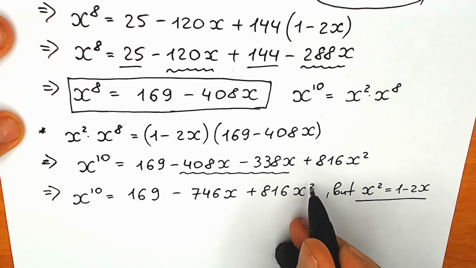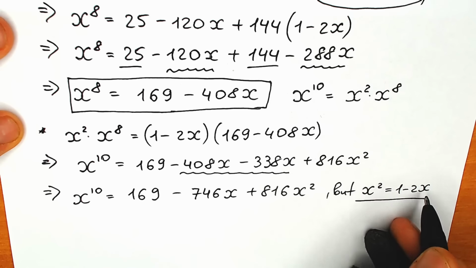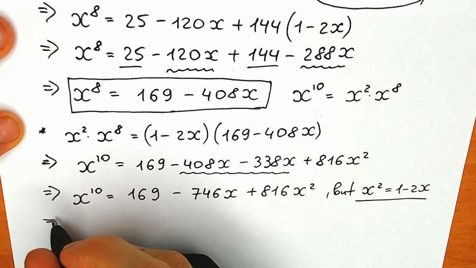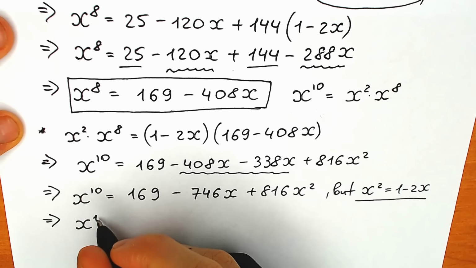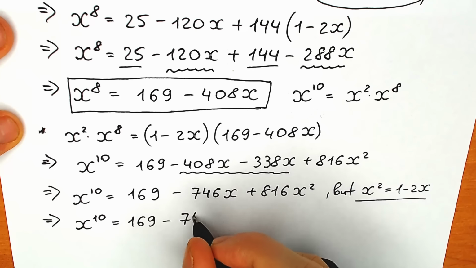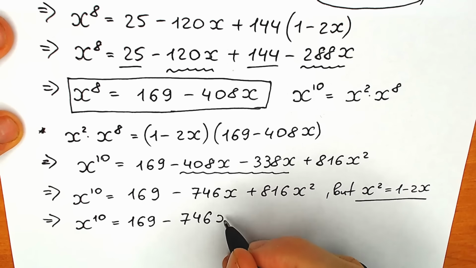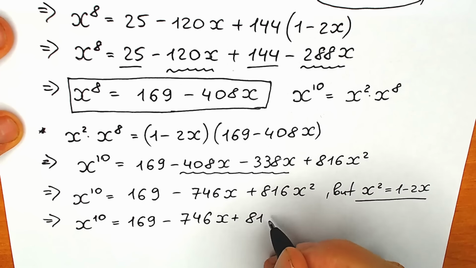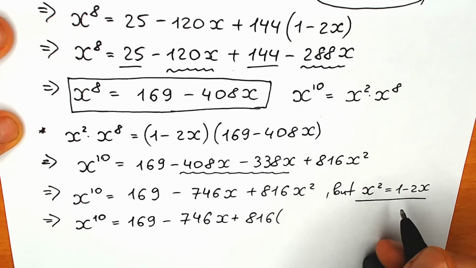So right now we're going to reduce this x squared in terms of the first power, 1 minus 2x. So we have x to the power 10 equal to 169 minus 746x plus 816 times, instead of x squared, 1 minus 2x.